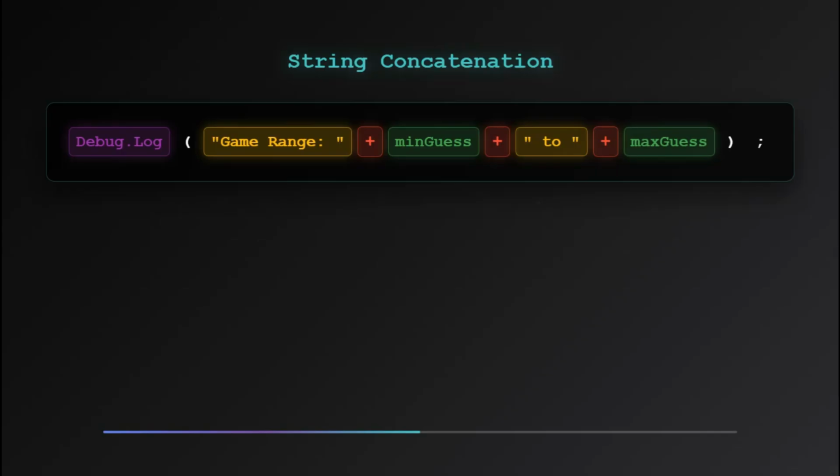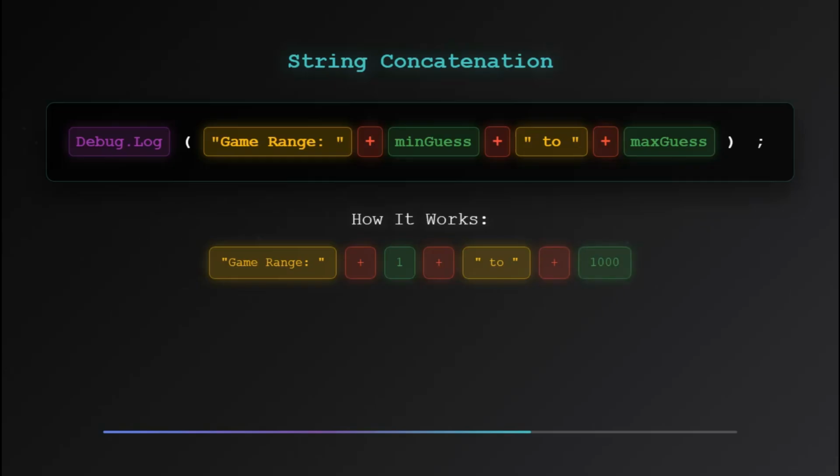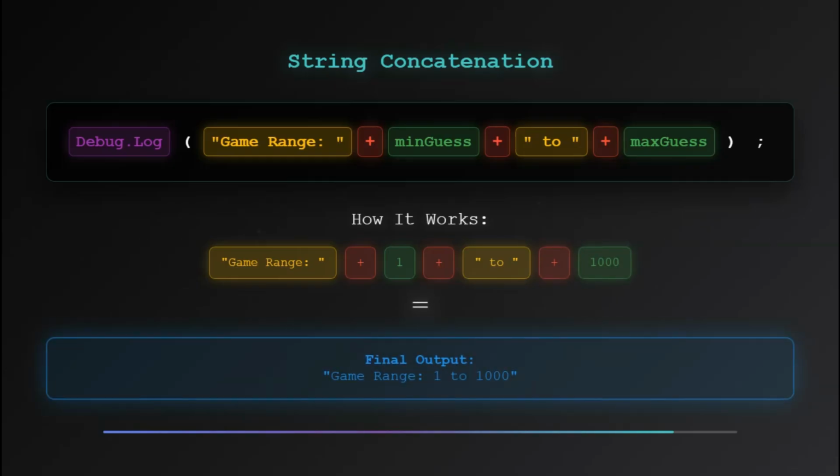Watch how the computer combines these pieces: the text "Game range", plus the number 1, plus the text "to", plus the number 1000. The result, one beautiful string, "Game range 1 to 1000", exactly what appears in our Unity console. This is the power of string concatenation, mixing text and variables to create dynamic messages.